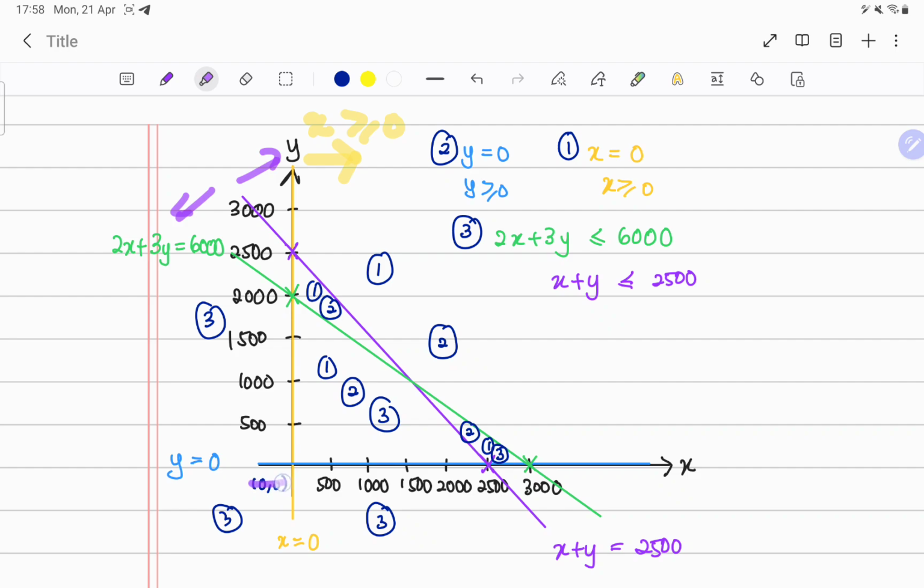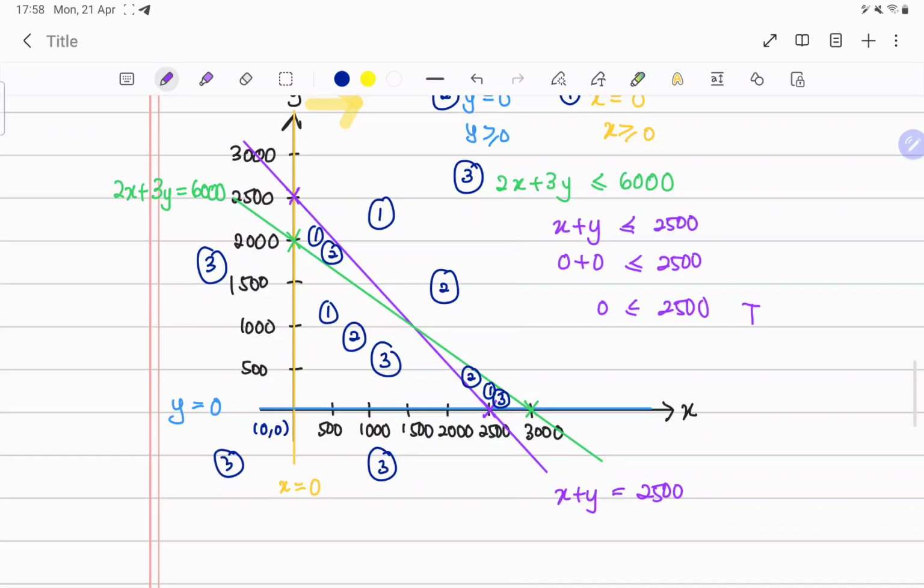We can use the coordinate 0, 0 here. Substitute 0 plus 0 less than or equal to 2,500. So you're going to get 0 less than or equal to 2,500. Is it true or false? 0 is actually less than or equal to 2,500. So it is true. When it is true, we draw the area that consists of the coordinate 0, 0, which, if we shade, is supposed to be like this.